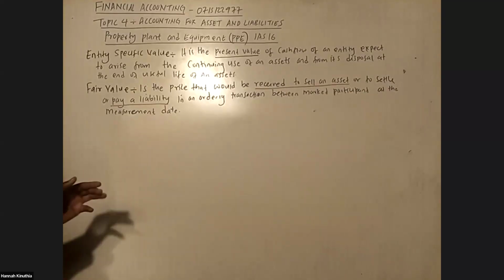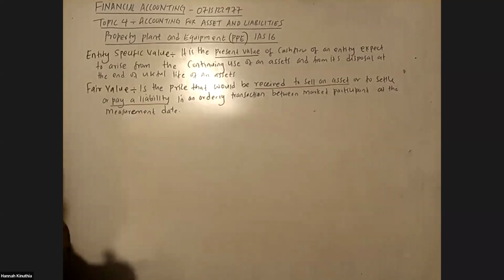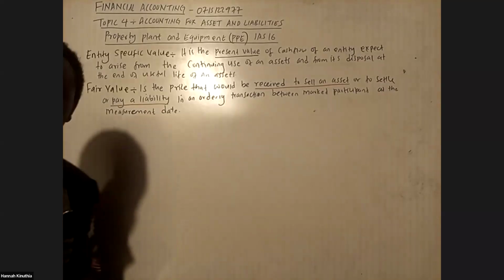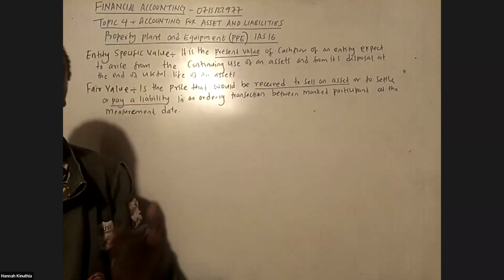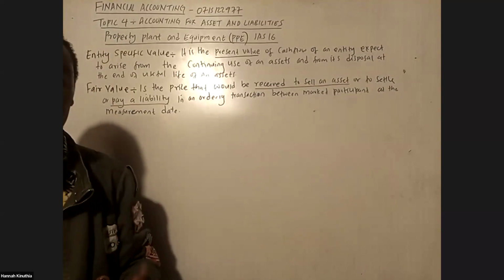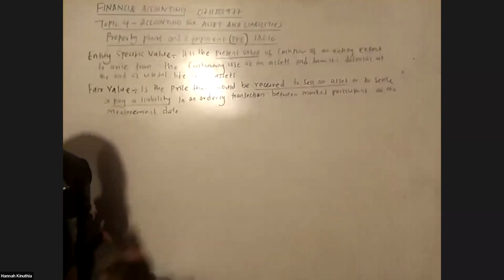In short, it is the price that can be used to sell an asset or pay a liability between two knowledgeable parties. Knowledgeable parties know the price of the items in the market, either the price of the asset or the price to pay the liability.